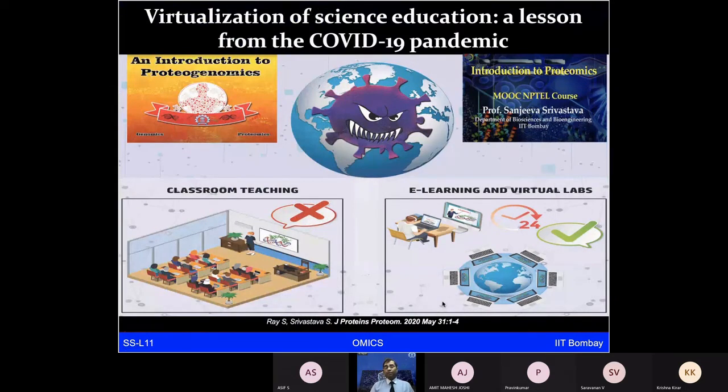In this phase of the COVID-19 pandemic, I'm sure all of us have seen a very big transformation, a lot of changes happening around. But at the same time, science education has really taken a different turn with more virtualization, more e-learning, and even the course we are doing right now for TQIP is another indicator that despite these challenges, you can do a lot of learning sitting at home or in your offices.